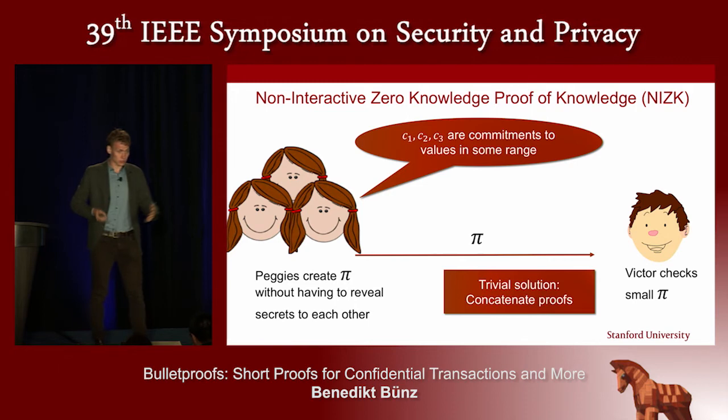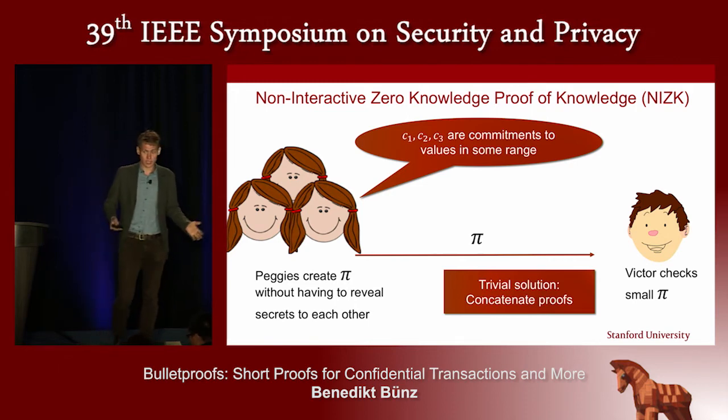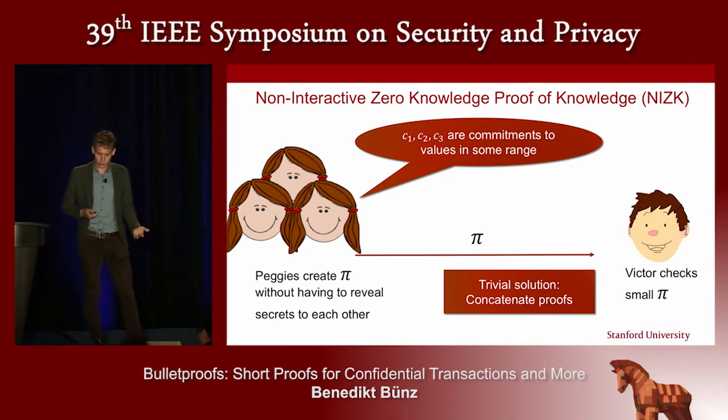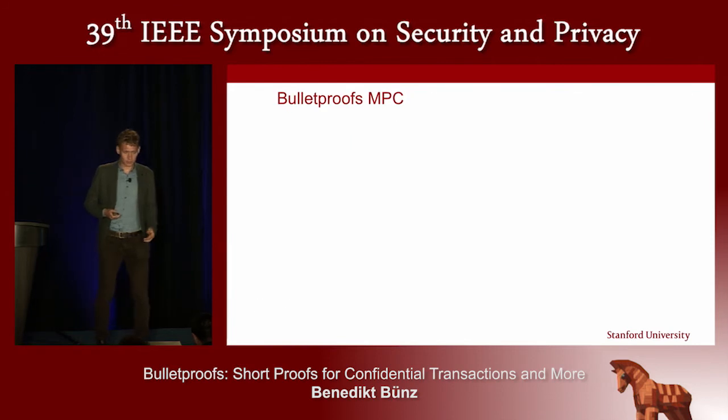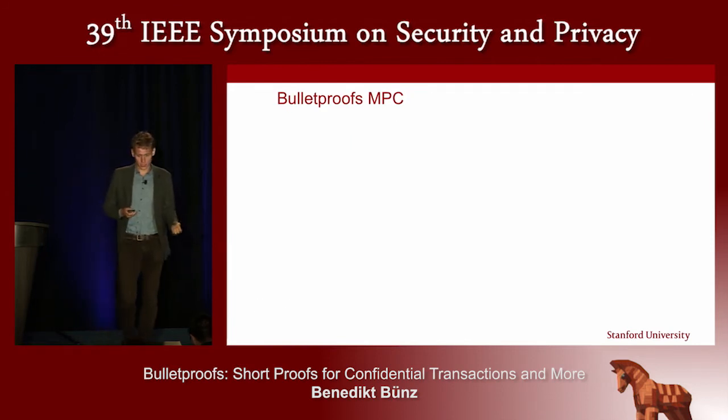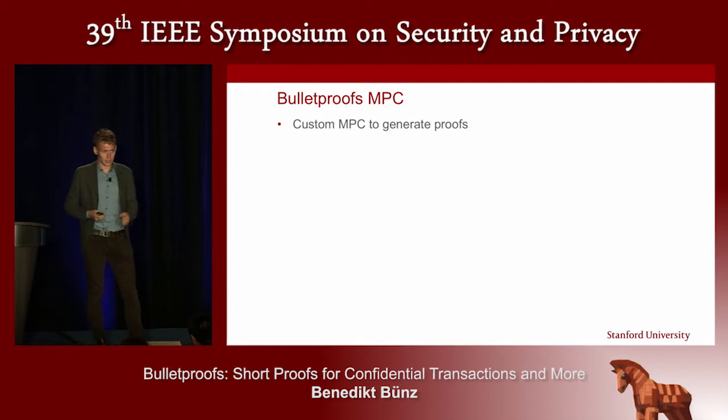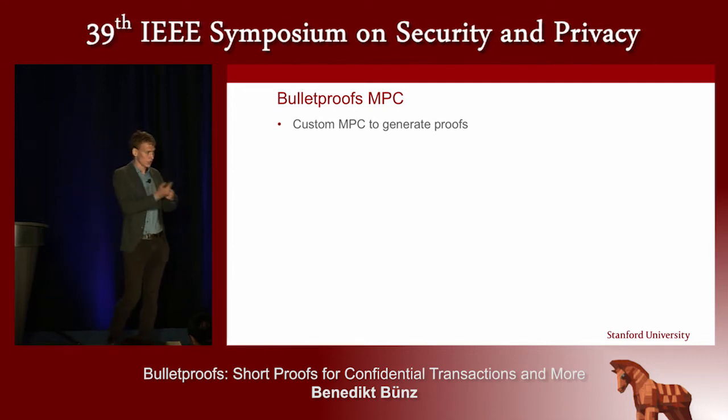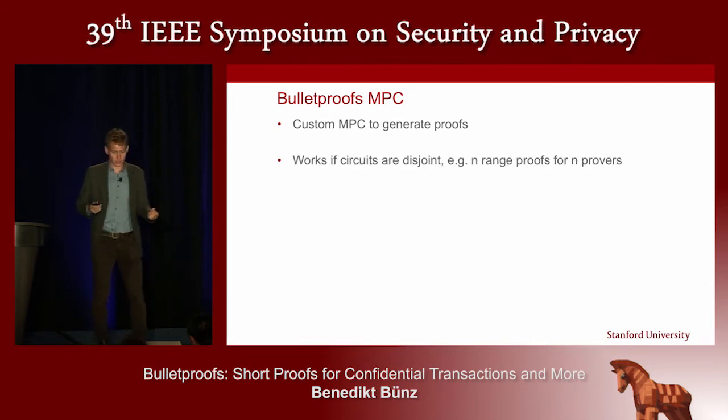Well, the trivial solution is they can just concatenate their proofs. But there's actually a better solution here with bulletproofs. We designed a so-called multi-party computation, an MPC, a custom MPC, not a generic one, which allows these Peggies to interact with each other and create a single proof for their joint statement.